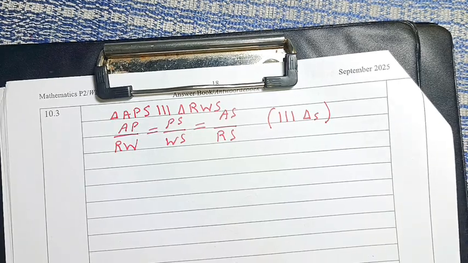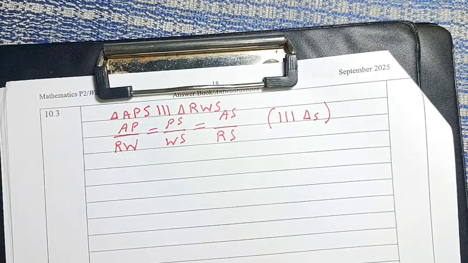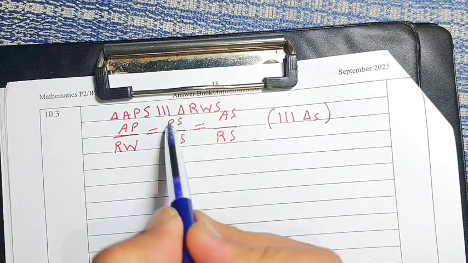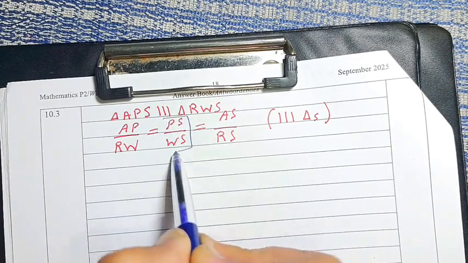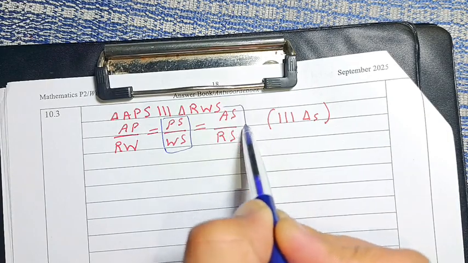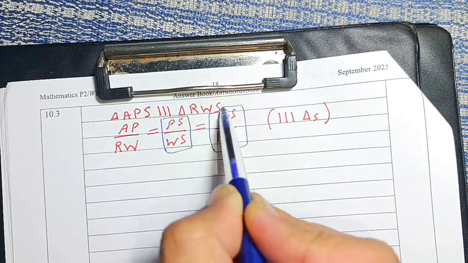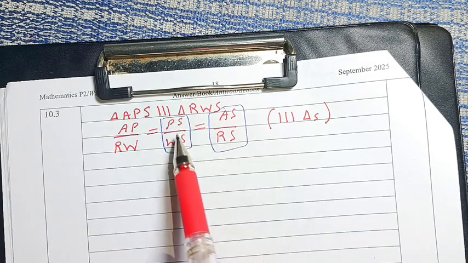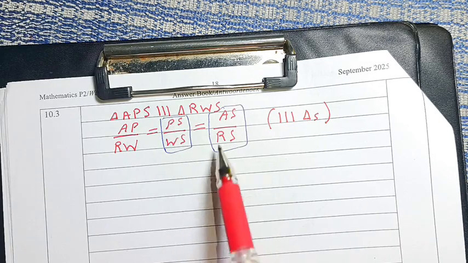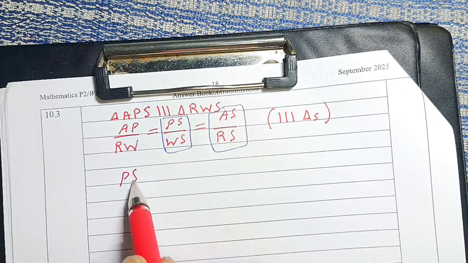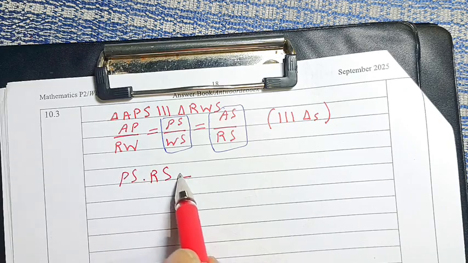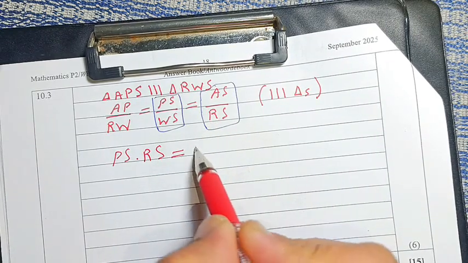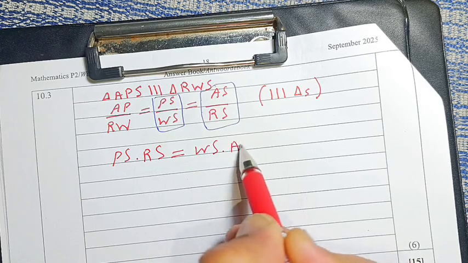Now we need to prove that RS square is equal to WS multiply AS. So the WS and AS are in these two ratios. So we're going to use these two ratios. Now, cross multiply: PS multiply RS is equal to WS multiply AS.